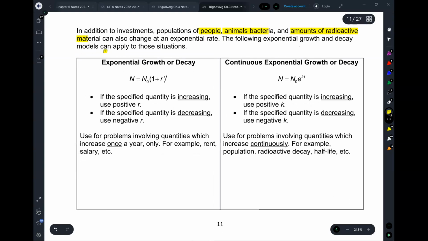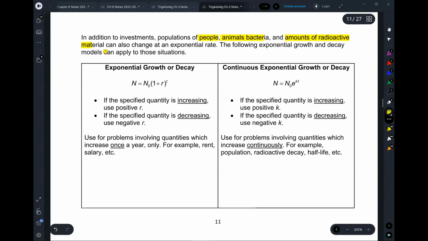So when you have exponential growth or decay, this is the formula you're going to use. If the specified quantity is increasing, we use positive r. If the quantity is decreasing, we use negative r.